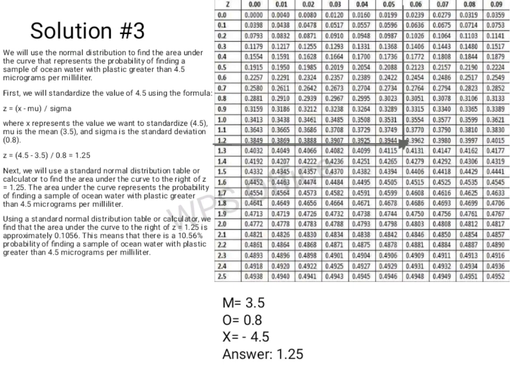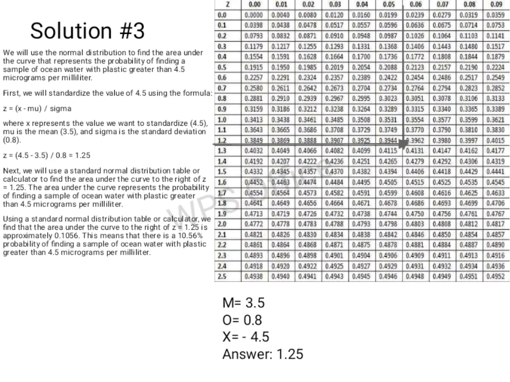First, we will standardize the value of 4.5 using the formula z is equal to x minus mu divided by sigma, where x represents the value we want to standardize, 4.5, mu is the mean, 3.5, and sigma is the standard deviation of 0.8. Z is equal to 4.5 minus 3.5 divided by 0.8, which is 1.25.